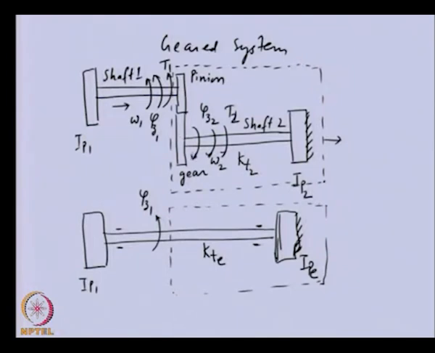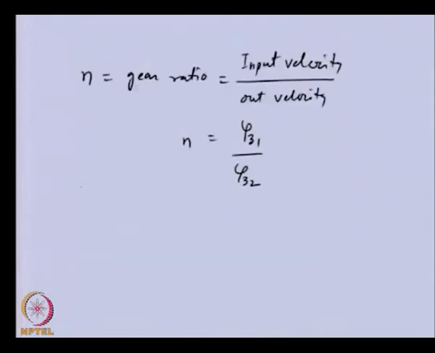So, you can see that we want to equate the strain energy in these two systems for a particular input. We are giving a twist of phi Z1 to this particular pinion in both systems, and we are trying to find the strain energy in both systems. For the first, actual system, the strain energy will be, because the second shaft has stiffness KT2 and its angular displacement will be this, squared.